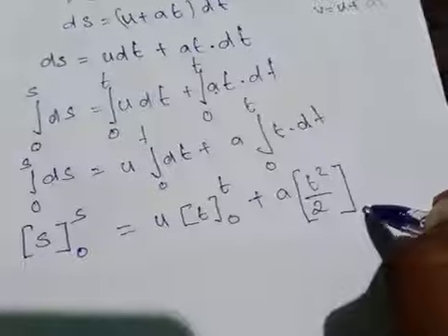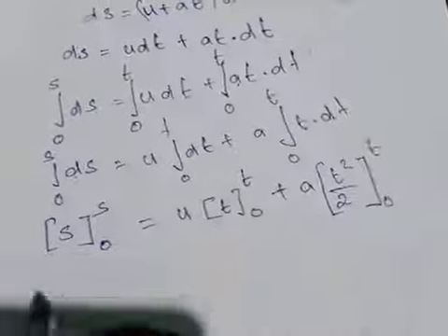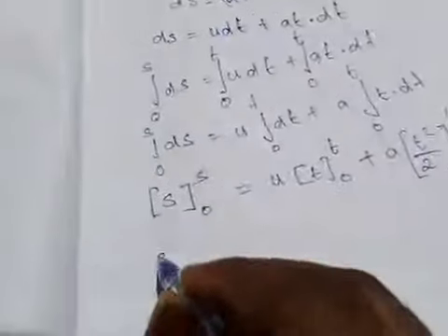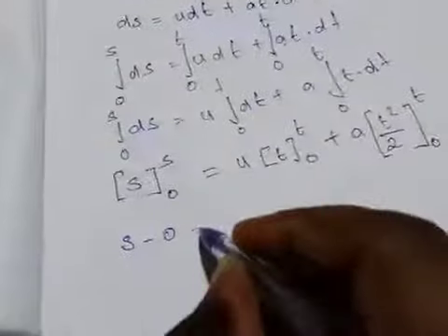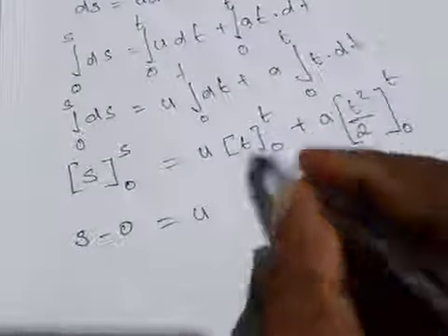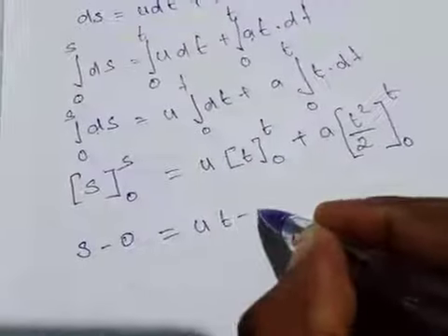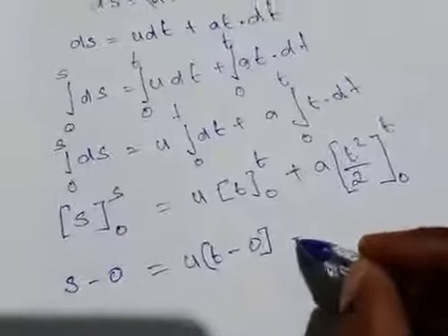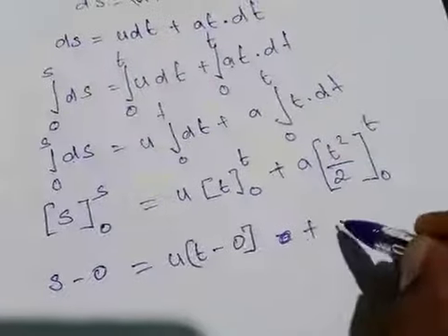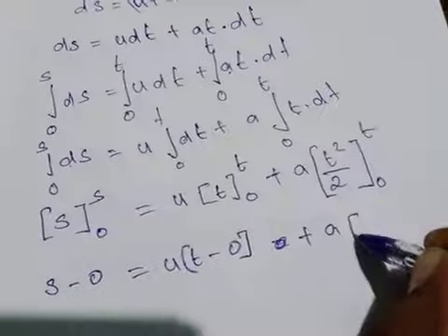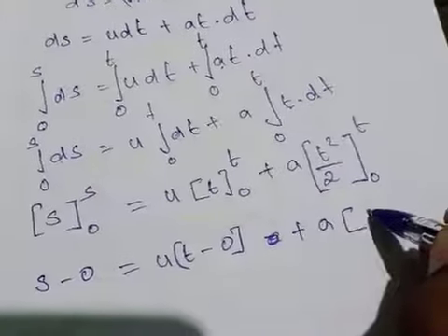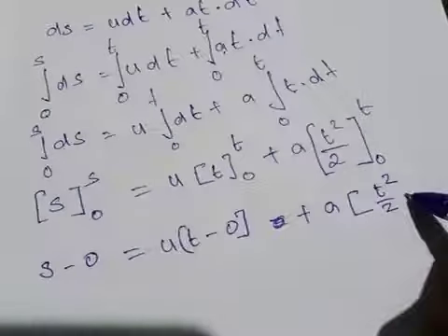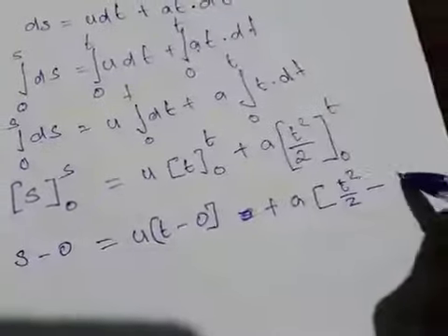Limit is 0 to t. Now apply upper limit minus lower limit. Upper limit is s minus 0 equal to u into (upper limit t minus 0) plus a into (upper limit t, so t square by 2, minus lower limit 0).